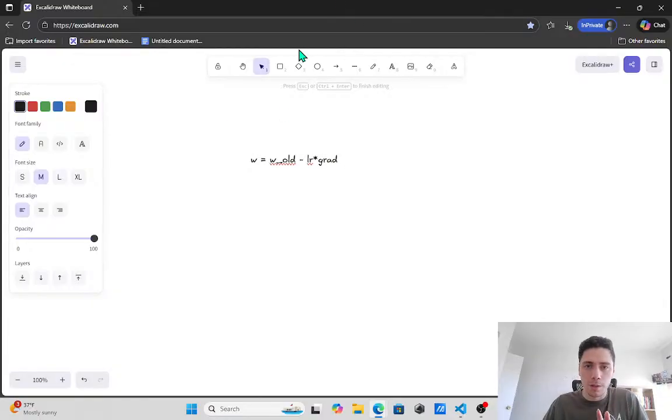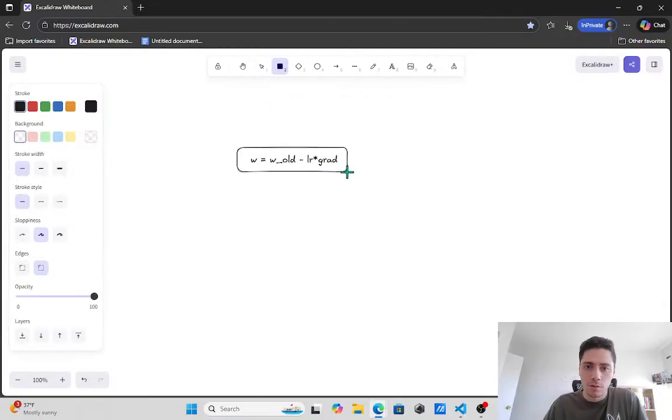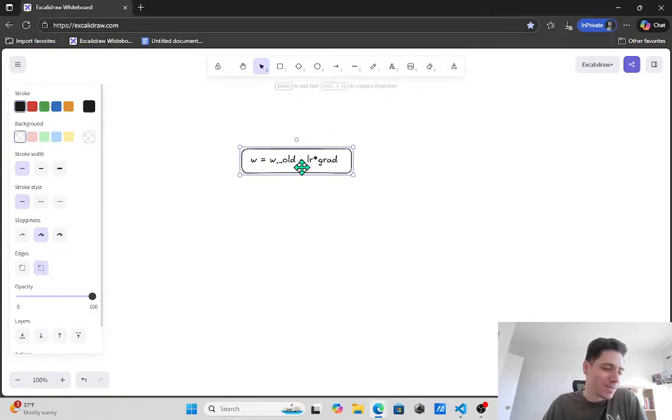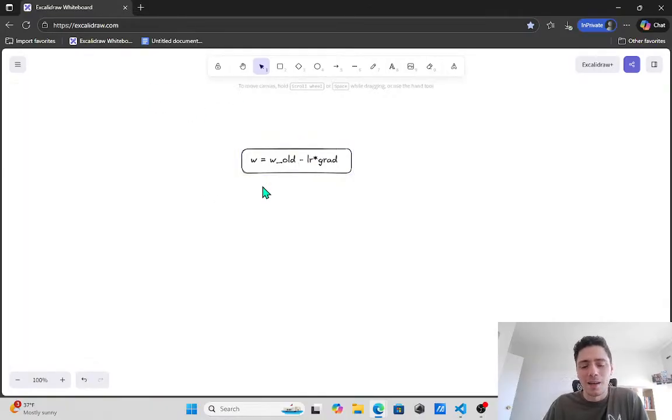This is basic gradient descent. I think at some point I made a meme, like gradient descent is smarter than you. It's probably smarter than you in some aspects, but not in others.